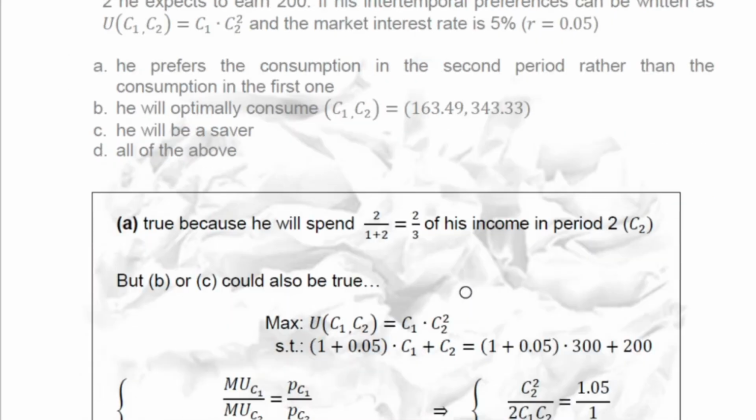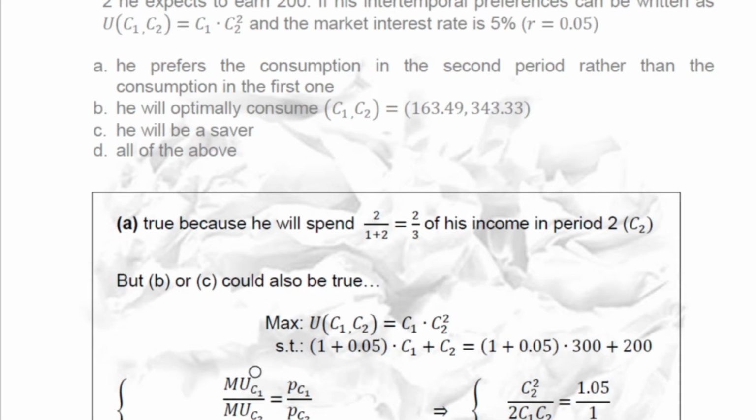So remember, we have a utility function like this. The budget constraint is (1+R)C1 + C2 = (1+R) times the income in period 1 plus the income in period 2. This comes from finance. Now we act as usual for a utility maximization problem.